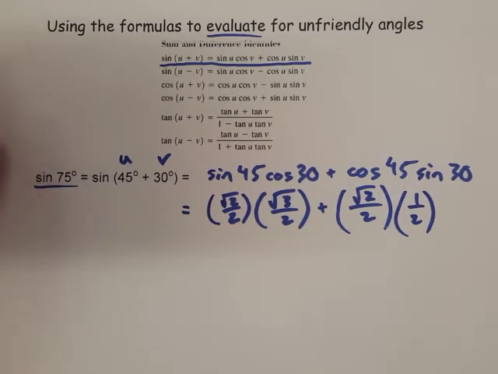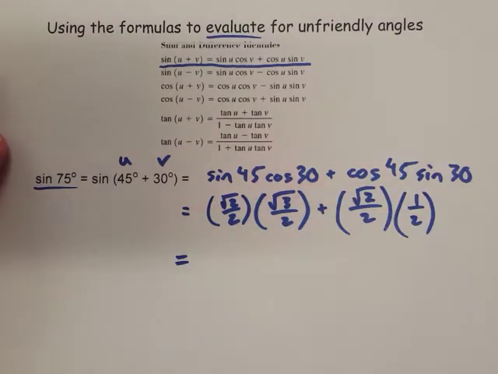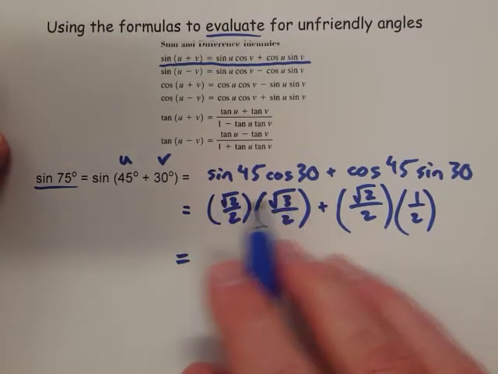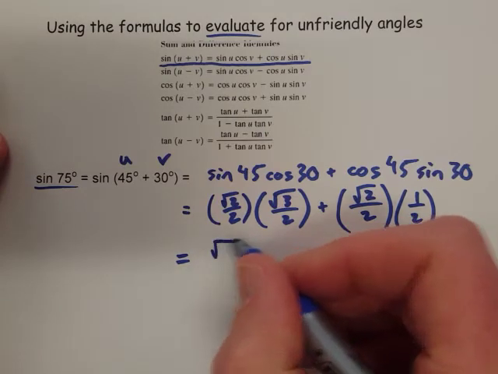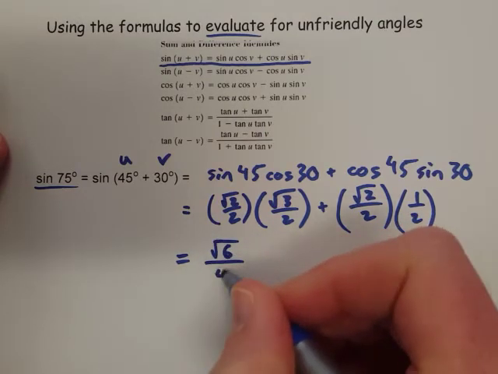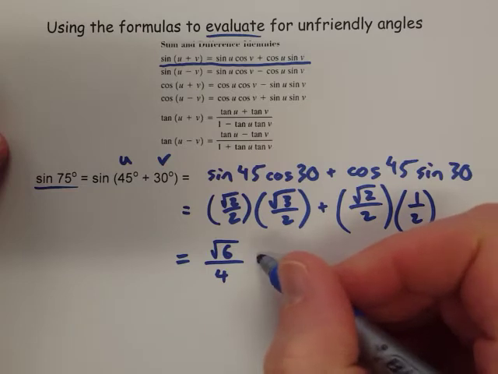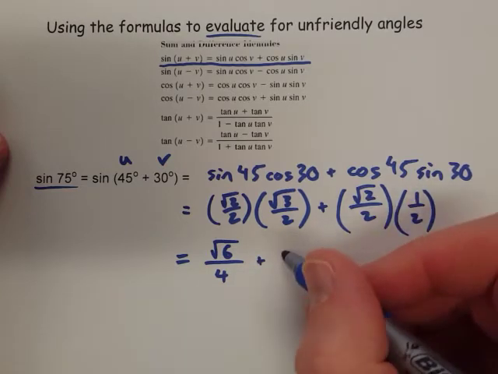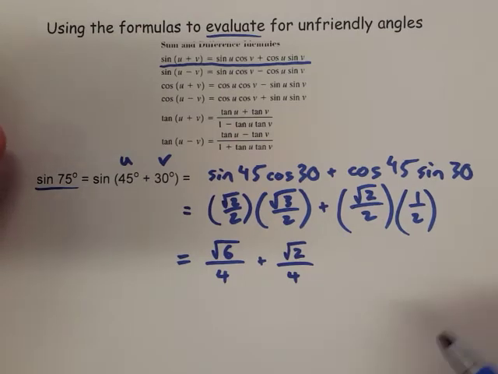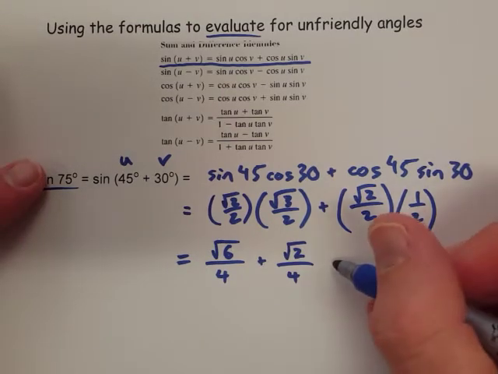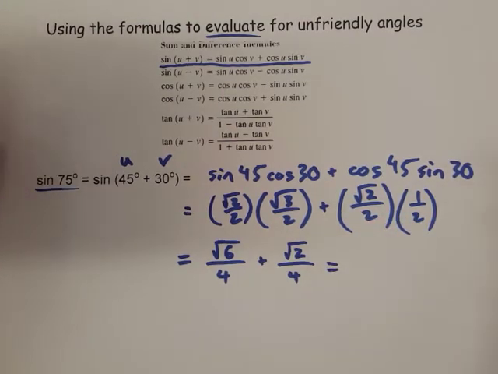Once we have all of those, we're going to combine them together with fractions. We can multiply straight across. That gives us square root of 6 over 4 for the first one, and the second one gives us square root of 2 over 4. So we get kind of a nasty fraction, but we're going to leave it like that because we'd like to do this in exact values.